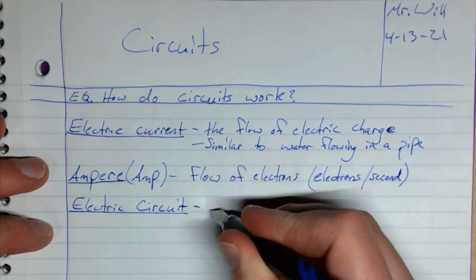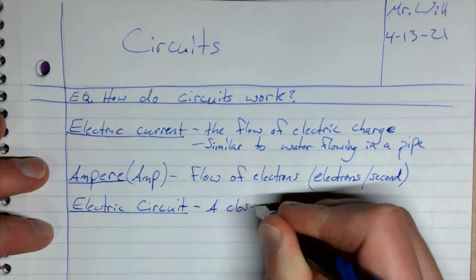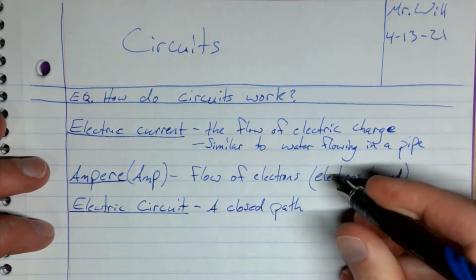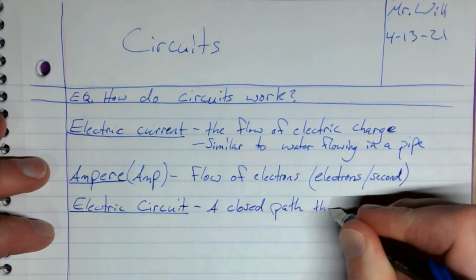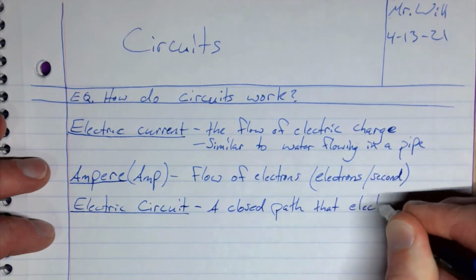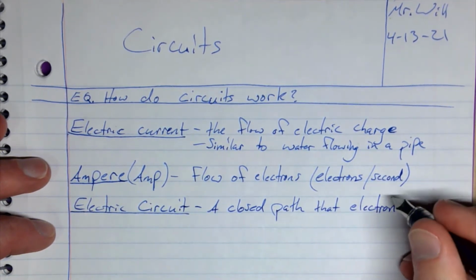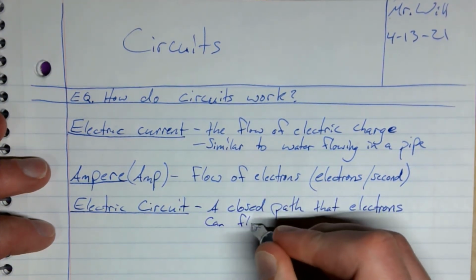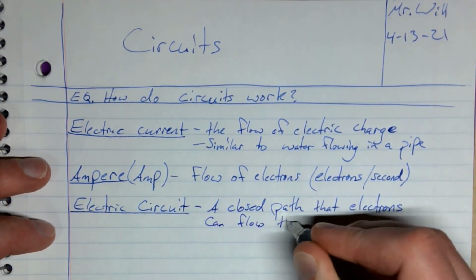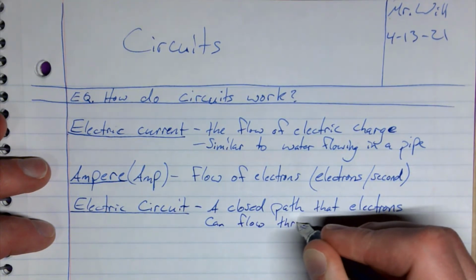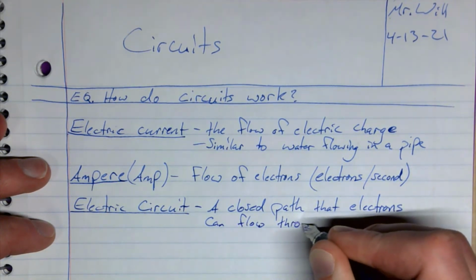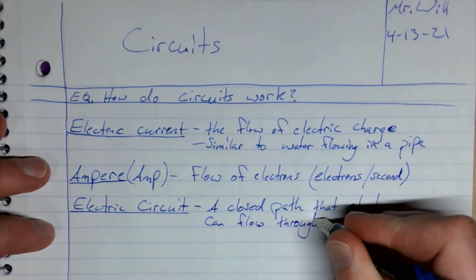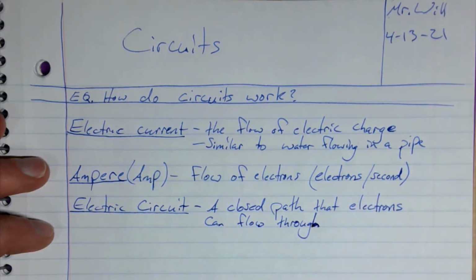So in this case, it's a closed path that electrons can flow through. So it's a closed path.